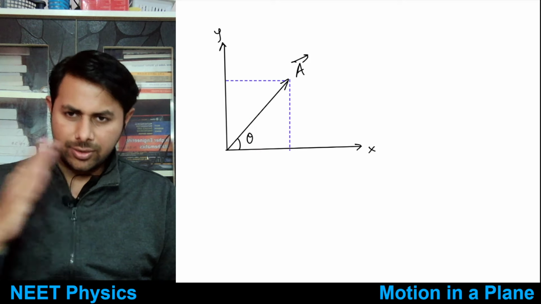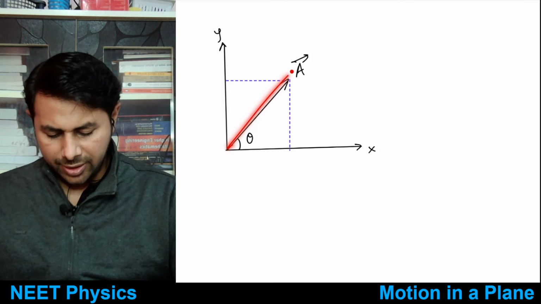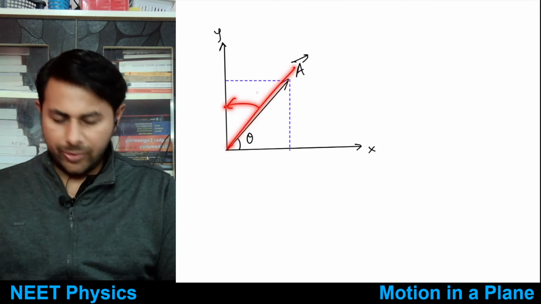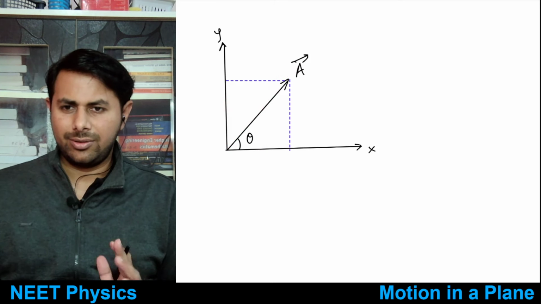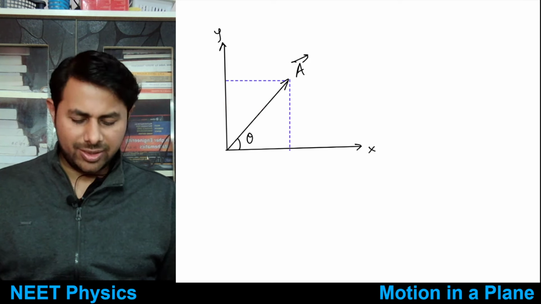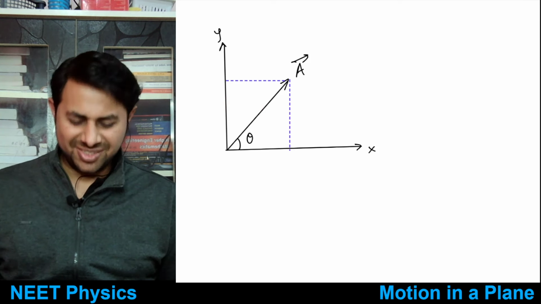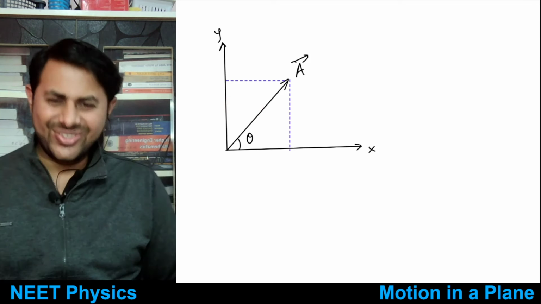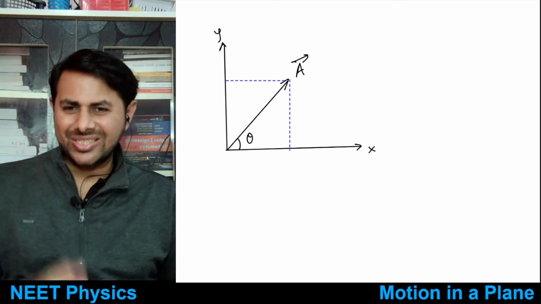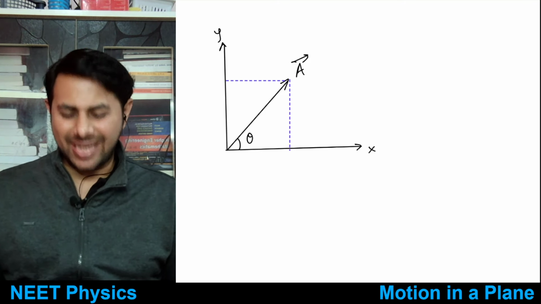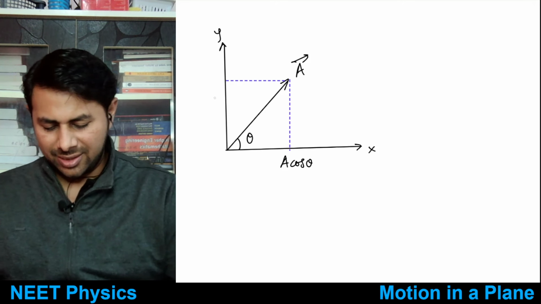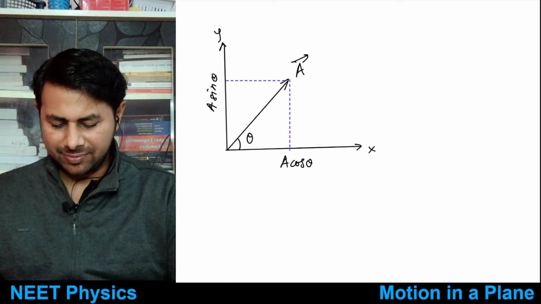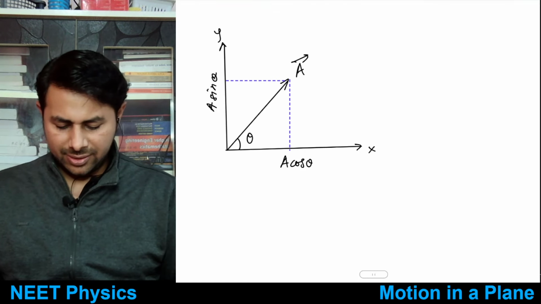If you move away from the angle, it is the sine component. Please remember this at least till this NEET. Component through the angle is the cos component, component away from the angle is the sine component. So this one would be a cos theta and this one would be a sine theta, right?